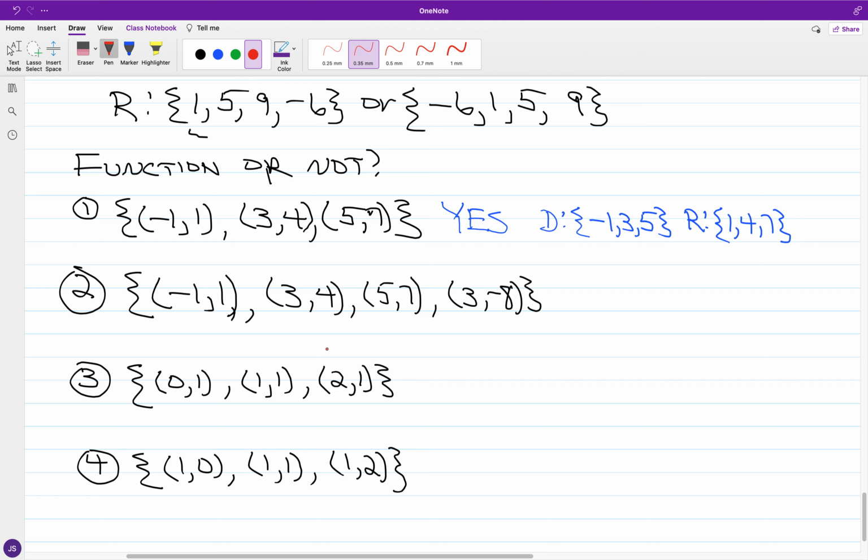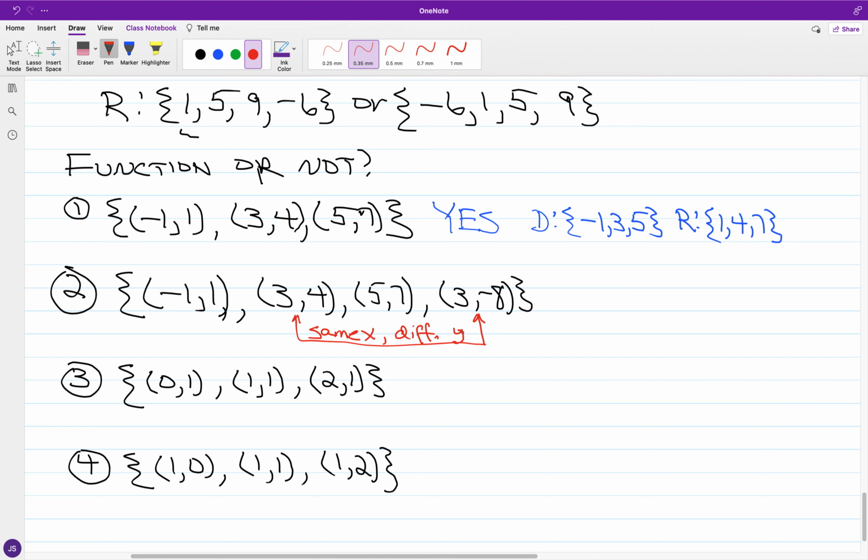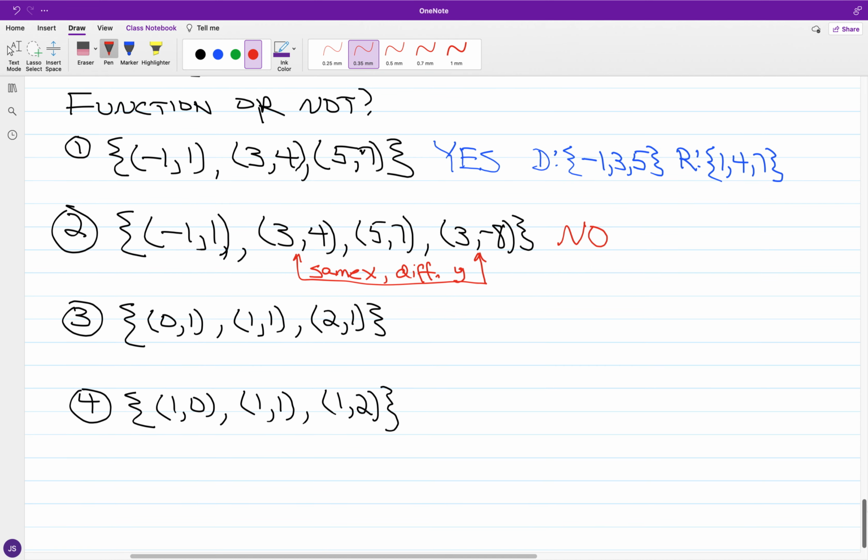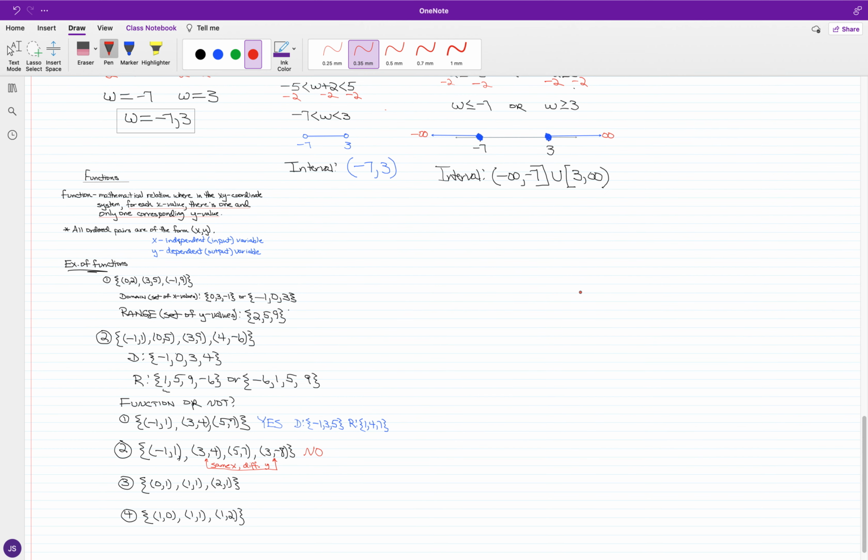But in this particular case, 3 shows up again paired up with a different number, so you got same x and a different y. Second case is where we have a set of ordered pairs that will not be a function.